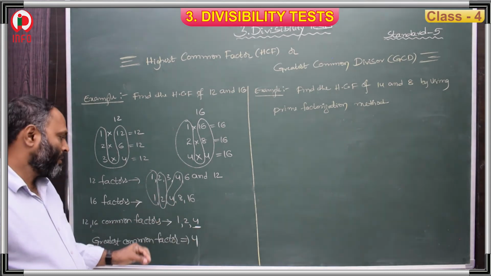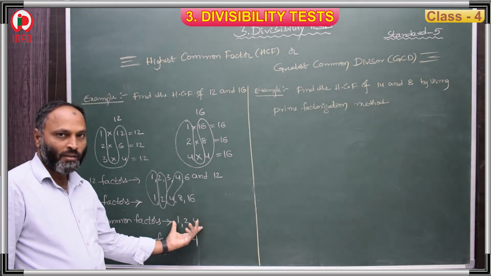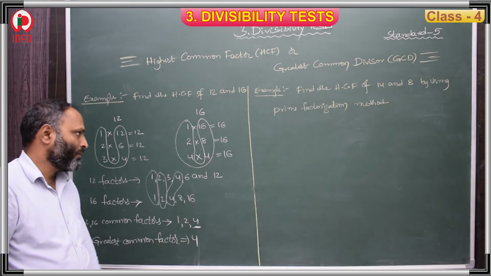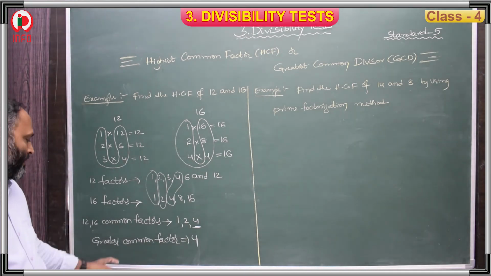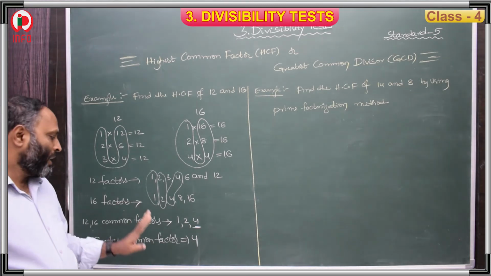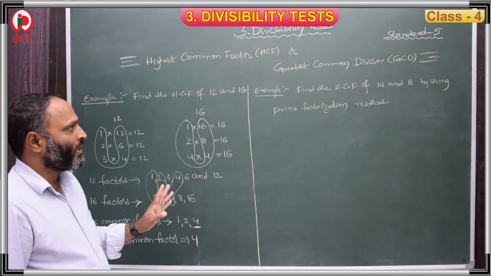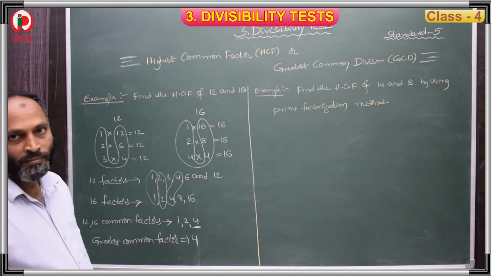From all those factors, you take the common factors. In these common factors, take the greatest one. This is the greatest common factor. It means HCF, highest common factor, or GCD, greatest common divisor. That is 4.